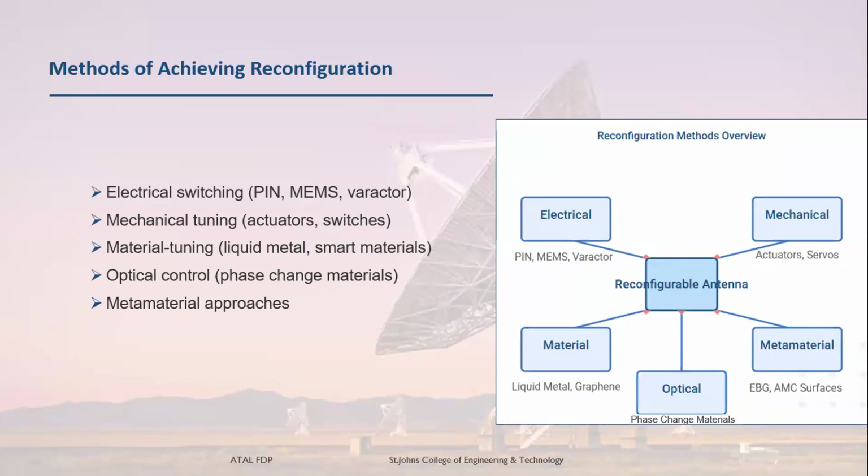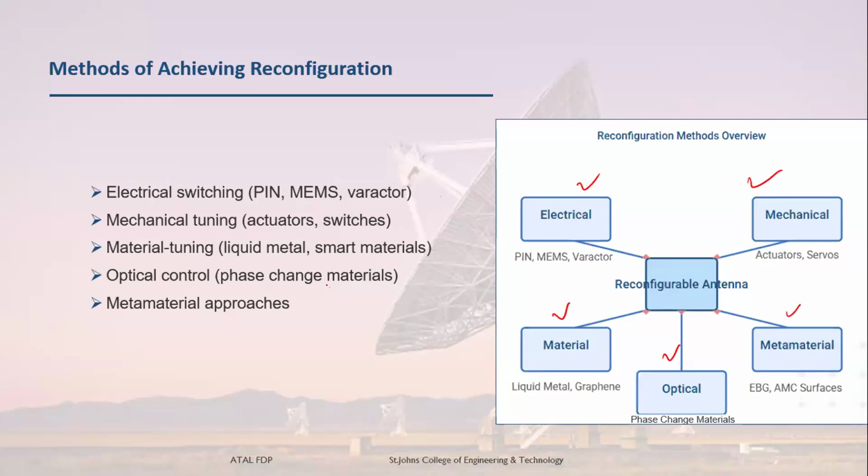Based on the parameters which we are changing, reconfigurable antennas, RAs, are broadly classified into frequency, polarization, and pattern. But how do you achieve this? Changing or controlling the parameters is achieved through electrical or mechanical means, through material, through optical, or through metamaterial.